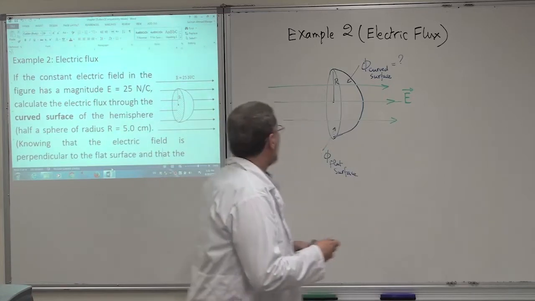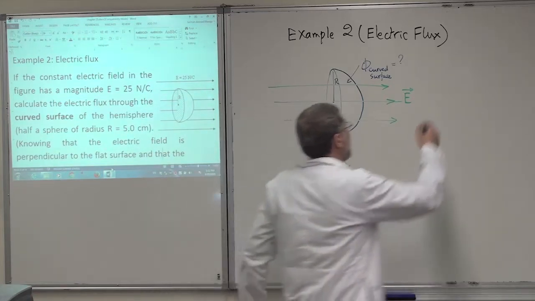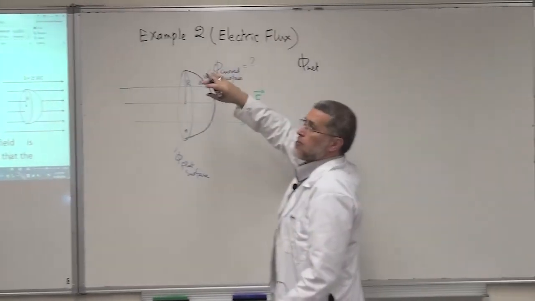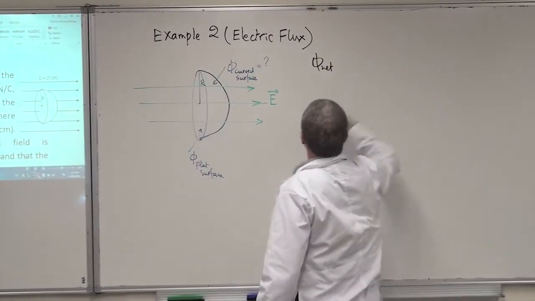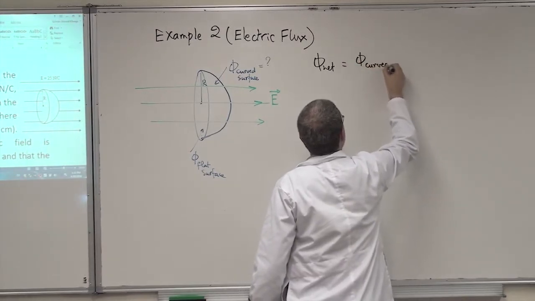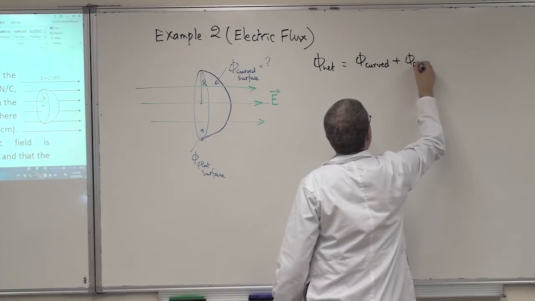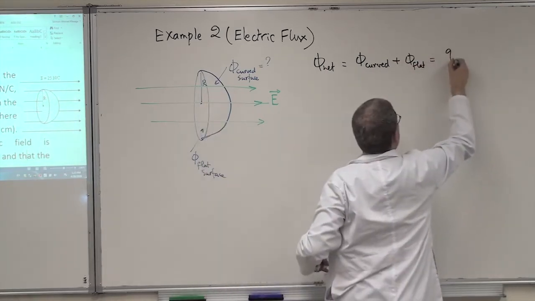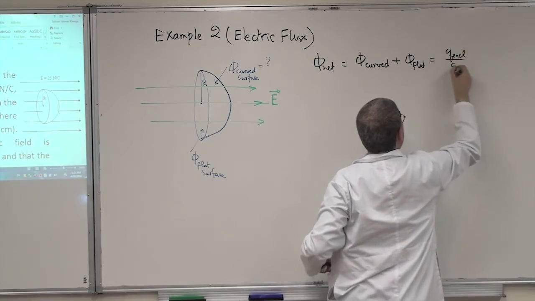Now we can say that the net flux through both surfaces, the flat and the curved, is equal to flux curved plus flux flat, and this is equal to Q enclosed over epsilon 0.